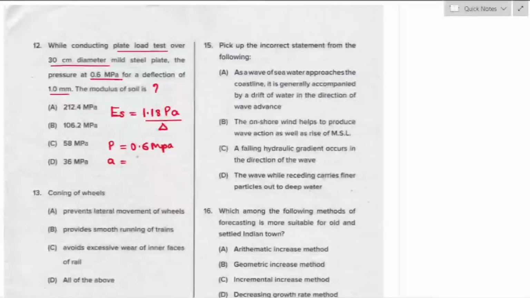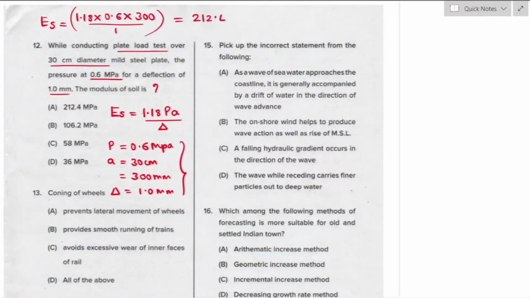A is the diameter of the mild steel plate, that is 30 cm, which is equal to 300 mm. Delta is the deflection 1 mm. On substituting this value, the modulus of soil will be 212.4 MPa. So the correct answer is option A.